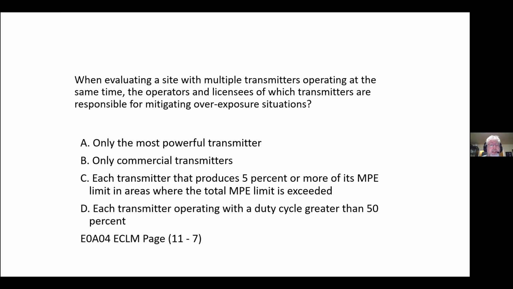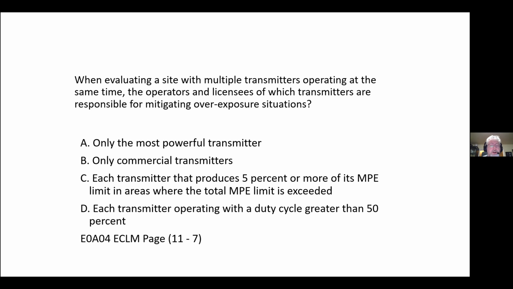When evaluating a site with multiple transmitters operating at the same time, the operators and licensees of which transmitters are responsible for mitigating overexposure situations? A, only the most powerful transmitter.